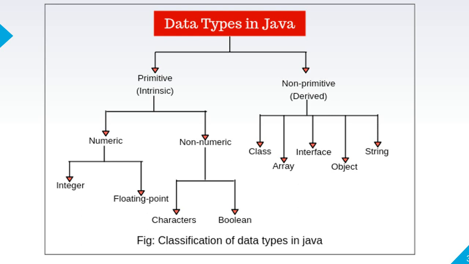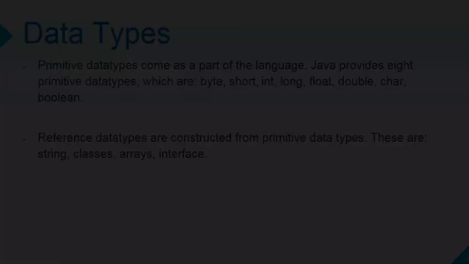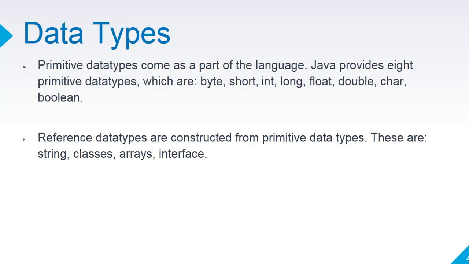Java provides 8 primitive data types: byte, short, int, long, float, double, char, and boolean. And the reference data types are constructed from primitive data types. Examples of reference data types are classes, strings, arrays, and interfaces.